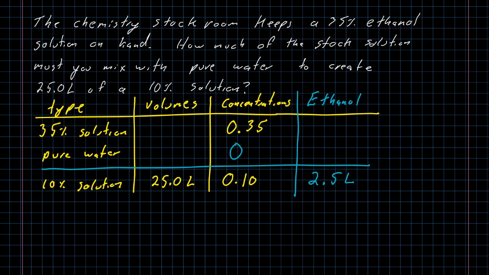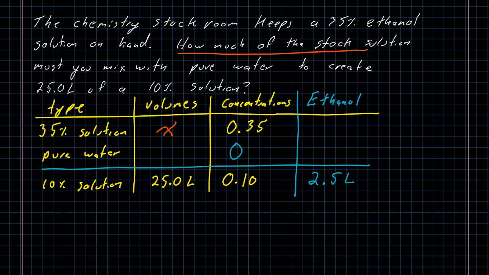Continuing on a little bit from here. The question is specifically asking us how much of the stock solution we are going to need. So at some point we should go ahead and name that thing as a variable, call it x. And in this particular problem, we don't actually need to know the volume of pure water involved, but it's pretty easy to figure out, and I think it's worth making sure you see how this works.